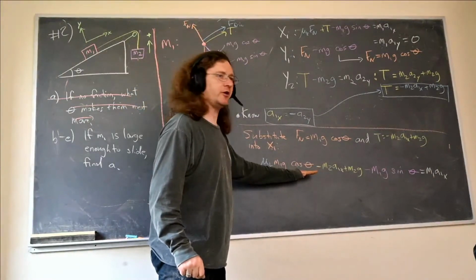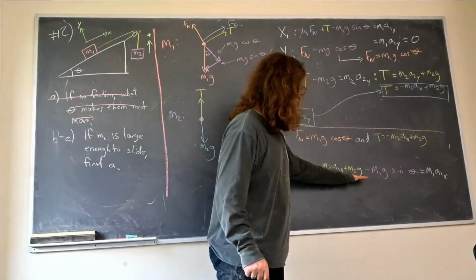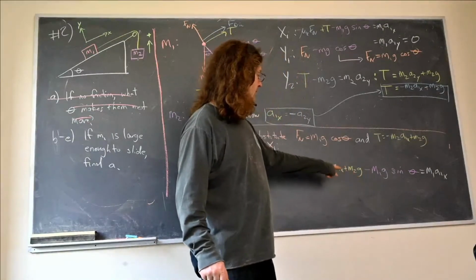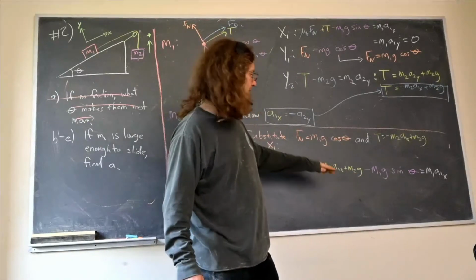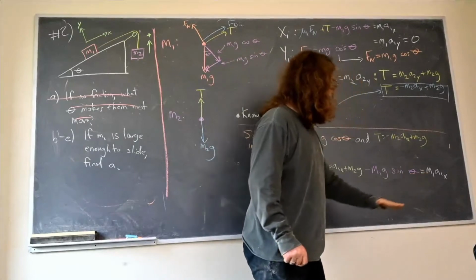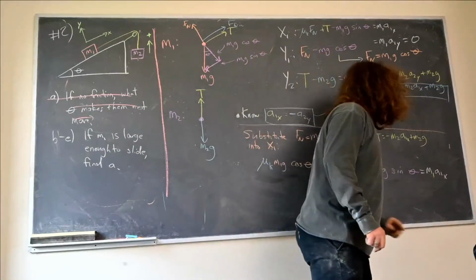That's kinetic friction. It points up the ramp, so it's positive. This is tension. It points up the ramp, but keep in mind there was a negative term in it. This is gravity. It points down the ramp, so this is all my forces, equals a1x.